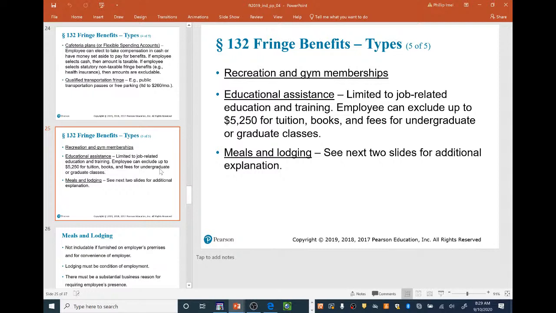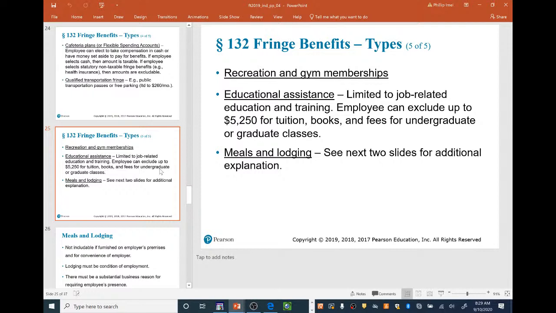Next, the employee awards. Certain employee achievement awards and qualified plan awards are excluded from the employee's gross income. So let's say that a taxpayer receives a watch, and let's just say, for example, it's worth $350. So once again, the taxpayer receives a watch from his employer for his 10 years of service, right? So that's his award for the recognition of 10 years of service.